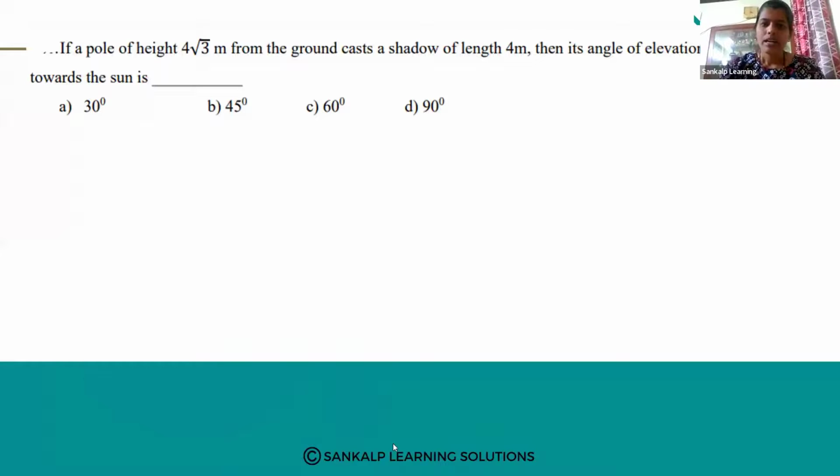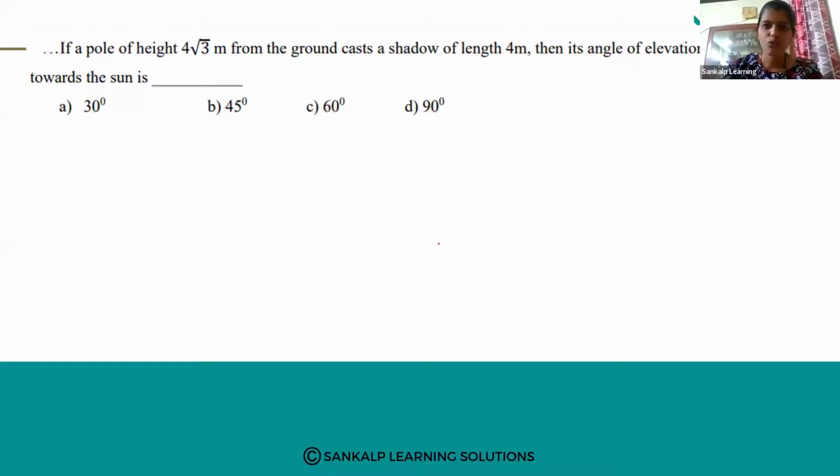If a pole of a height of 4√3 meter from the ground casts a shadow of length 4 meter, then its angle of elevation towards the sun. So here they have given one pole.